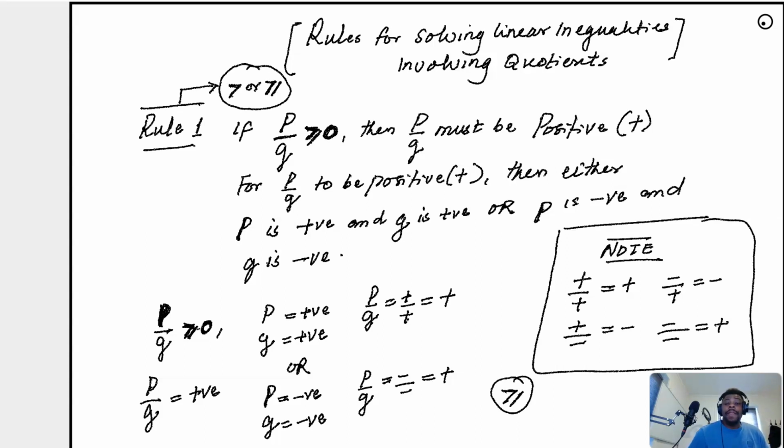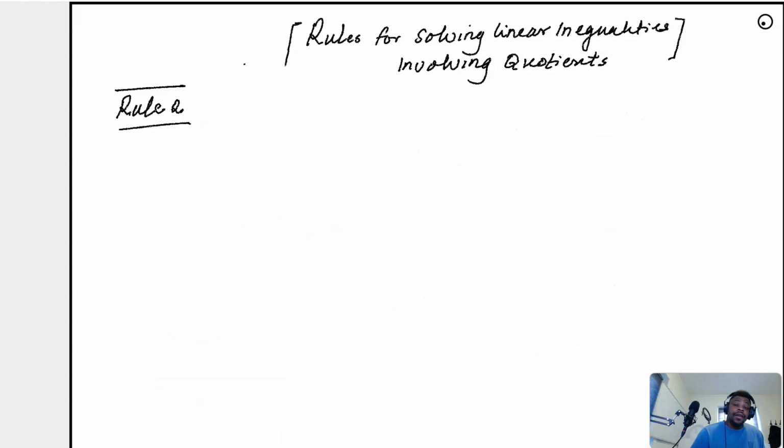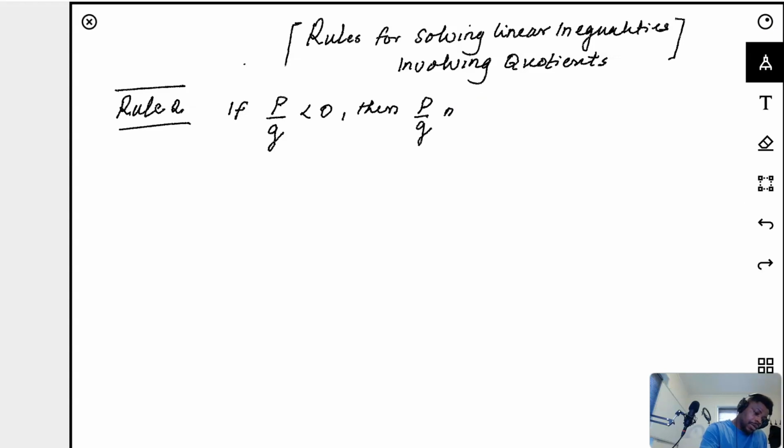Now, let's go to rule 2. For rule 2, if P divided by Q is less than 0, then P divided by Q is negative.